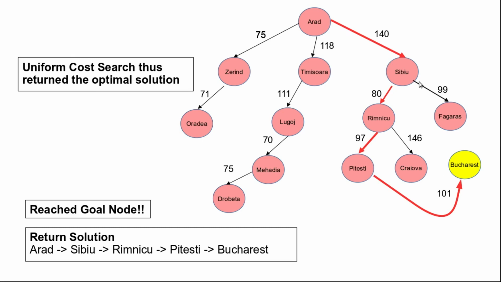We discarded the path through Fagaras, which was suboptimal, and instead we returned an optimal solution with a path through Pitești. Although it has more number of nodes on the path, it's more optimal. So it's not the shallowest path, but it's the most optimal path.